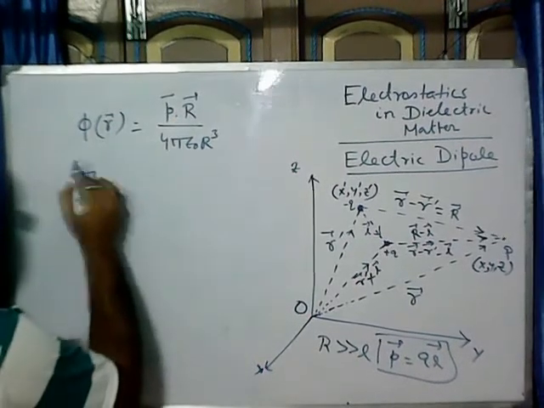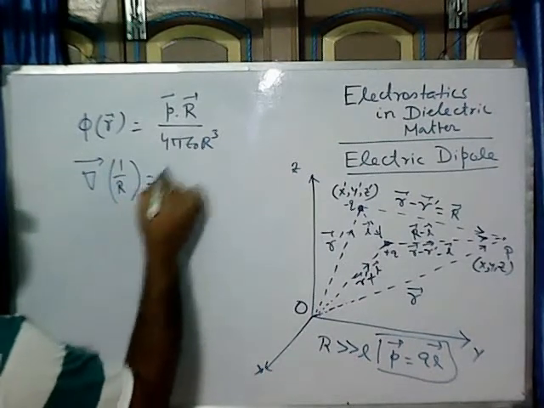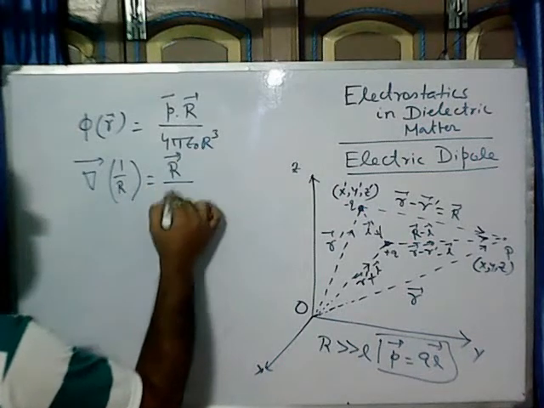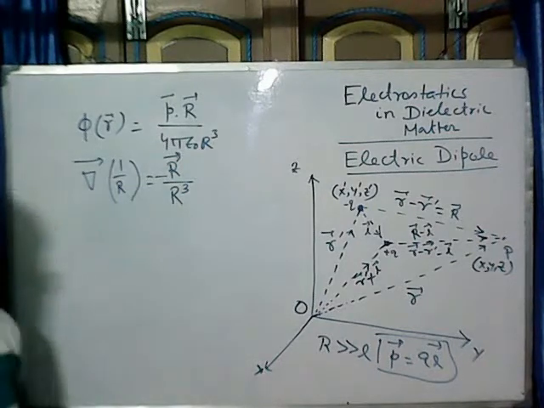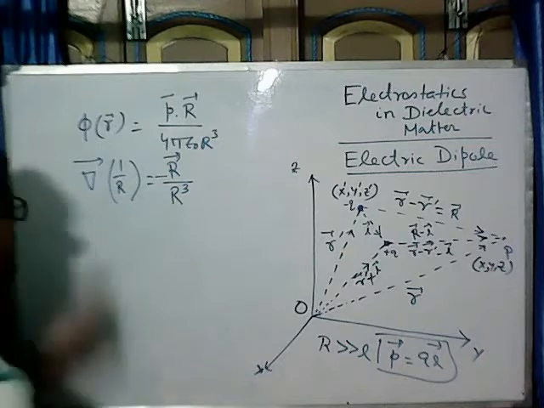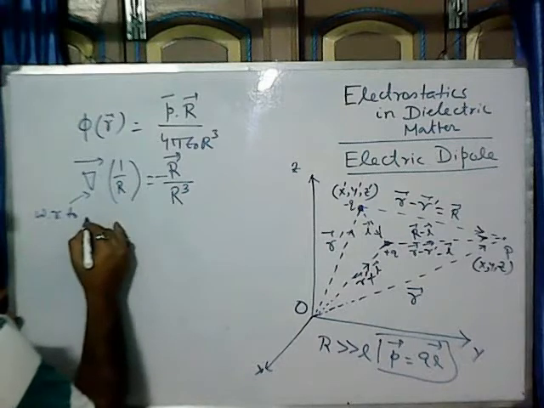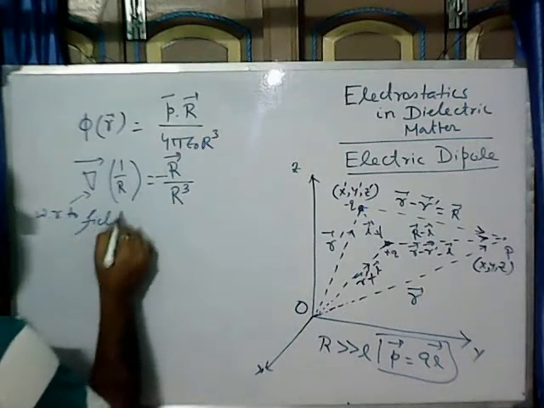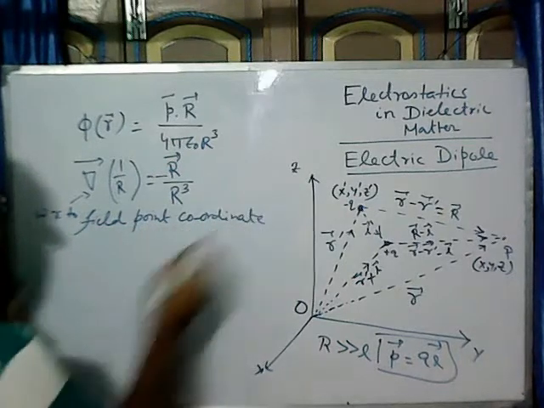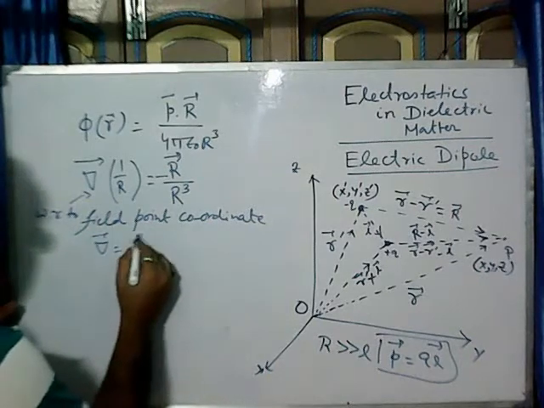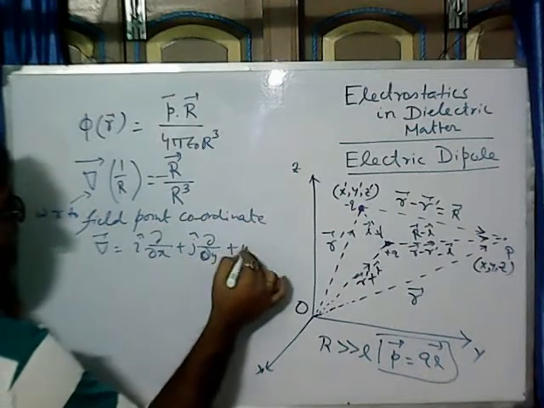Now we know from vector calculus that the gradient of 1 by r is r vector by r cube, so there will be a minus sign, minus r vector by r cube. Now this del is with respect to the field point coordinate, because here del is i del x plus j del y plus k del z.